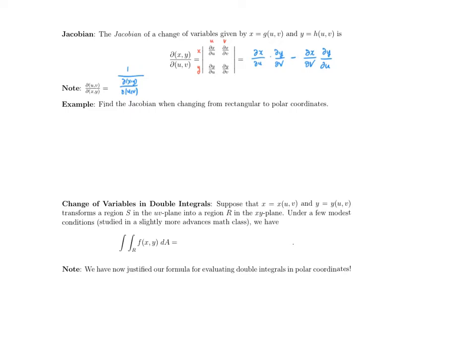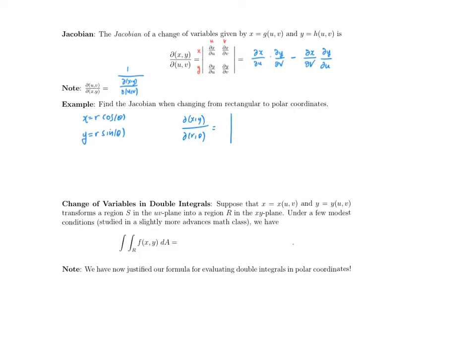At this point, the change of variables that we are familiar with would be polar coordinates. So let's find that associated Jacobian. With polar coordinates, we think x is r cosine theta, y is r sine theta. And I would like to find the Jacobian partial x,y, partial r,theta.